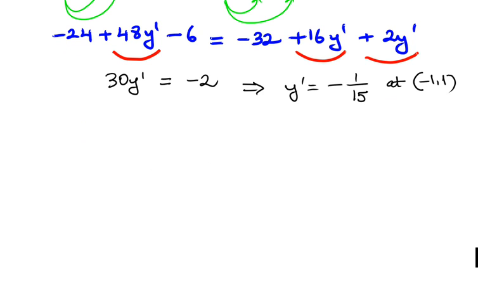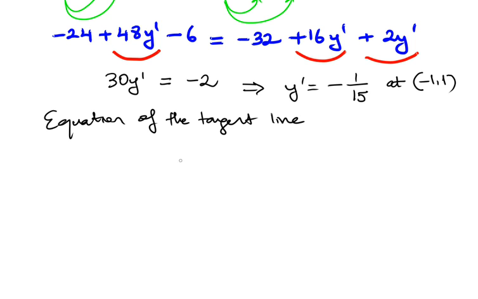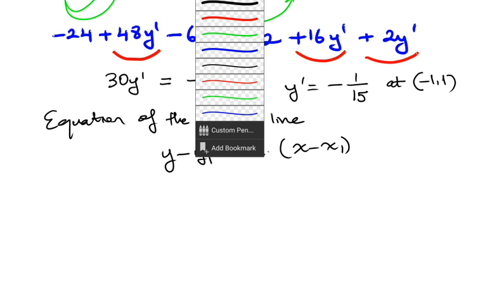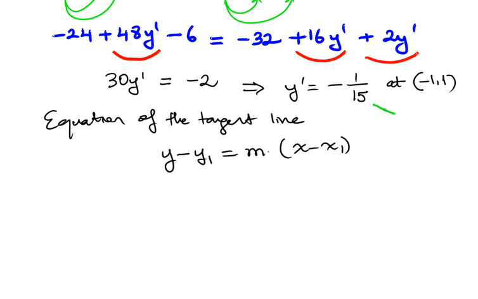Now we can write an equation of the tangent line. So remember that it is y minus y1 equals slope times x minus x1. In here, slope turns out to be this derivative, right? So this is your m actually.